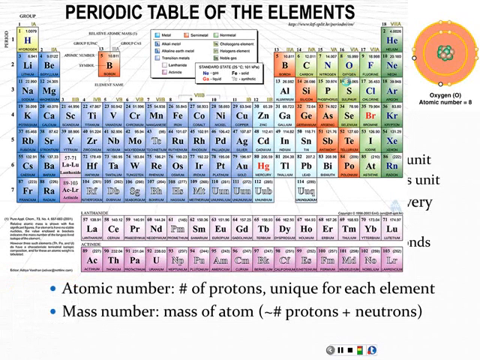So let's go back to that example here. The mass number is 16. Over here, the atomic number is 8. So oxygen has how many protons? 8 protons. How many electrons? 8 electrons. How many neutrons now?